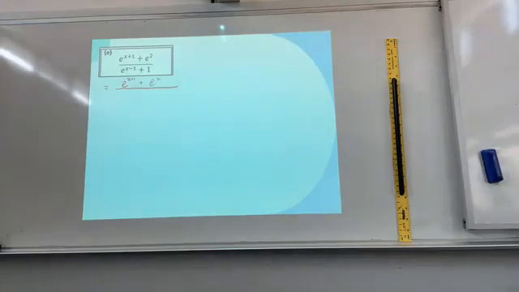Next, I'm thinking of rewriting e to the power of x minus 1 as e to the power of x over e, plus e over e, which is 1. I'm doing it step by step. Correct? So now, bring the same denominator, which is e to the power of x plus e. I haven't touched the numerator yet.